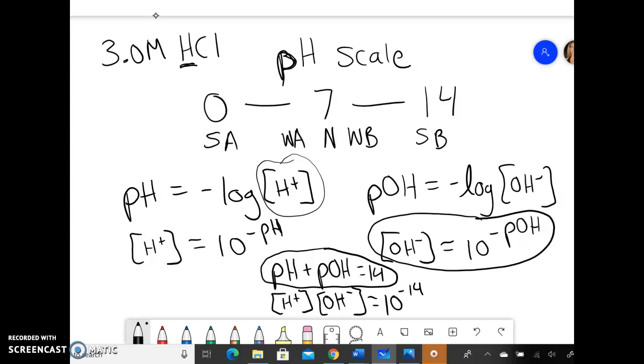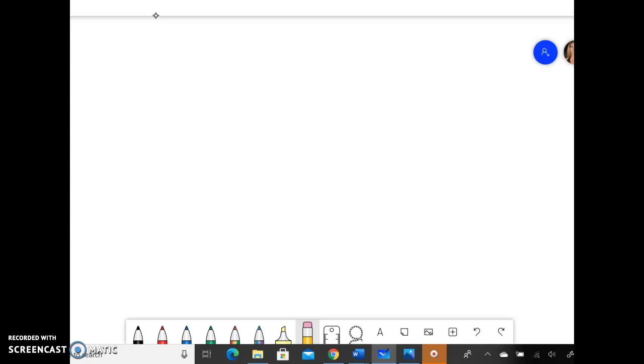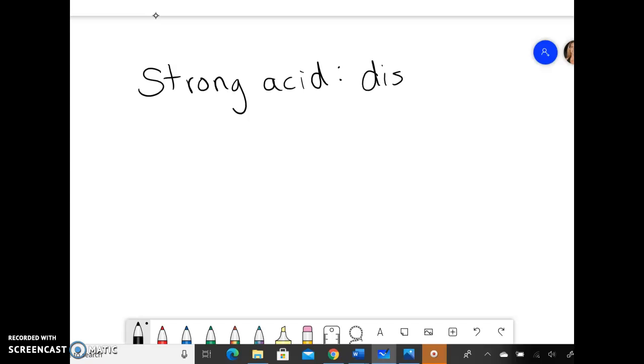And that is the last thing I want to talk about, which is strength. We'll do titrations a whole other time, so I'm not going to do that here. But when we talk about a strong acid, it means that it dissociates almost completely. I say almost because almost nothing in chemistry is complete.